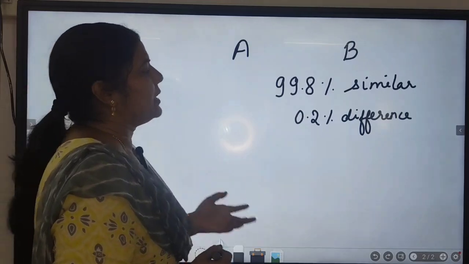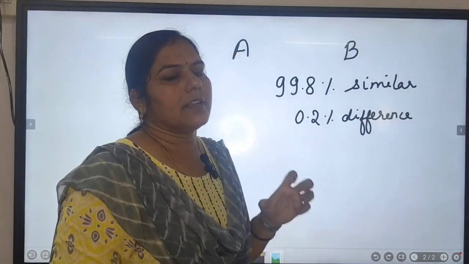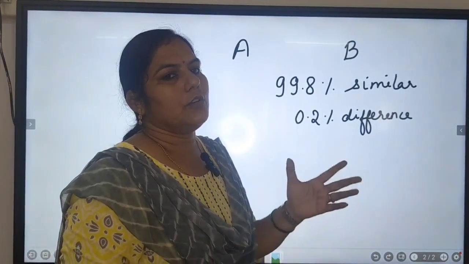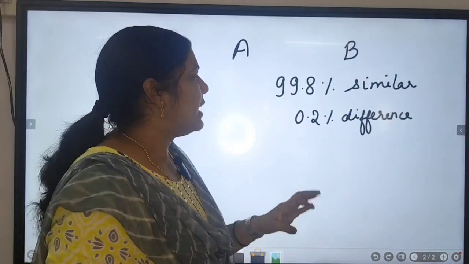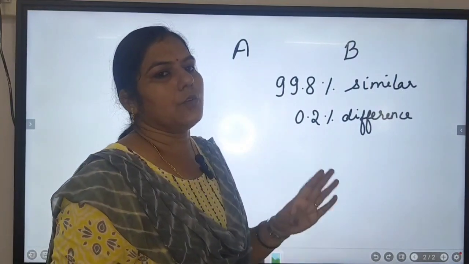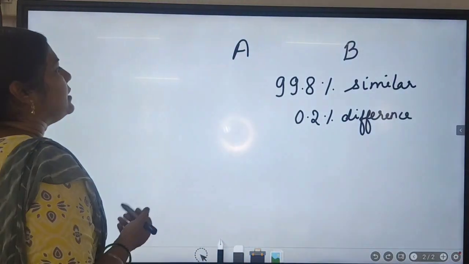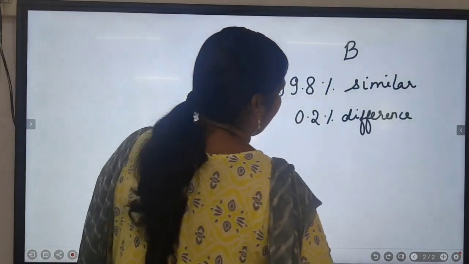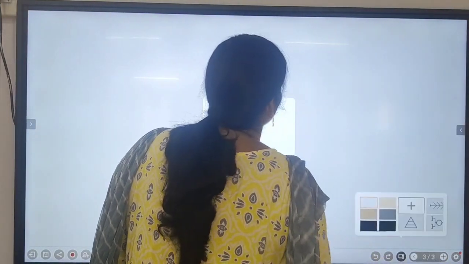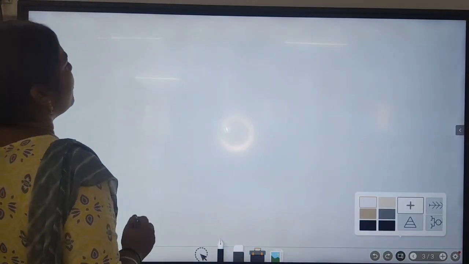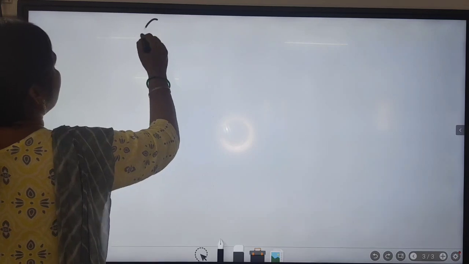So what happens when we say that the DNA of two individuals is 0.2% different from each other? When we perform this RFLP, what will happen, or what are the steps of RFLP?